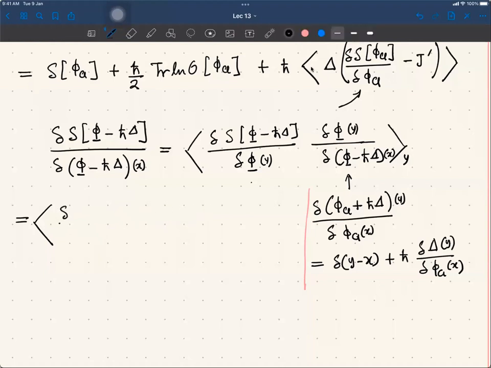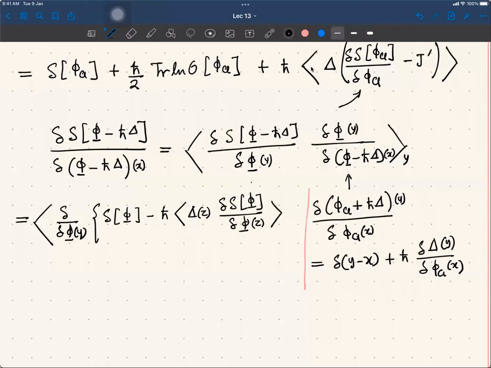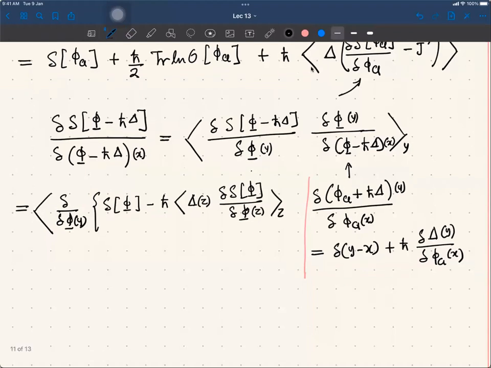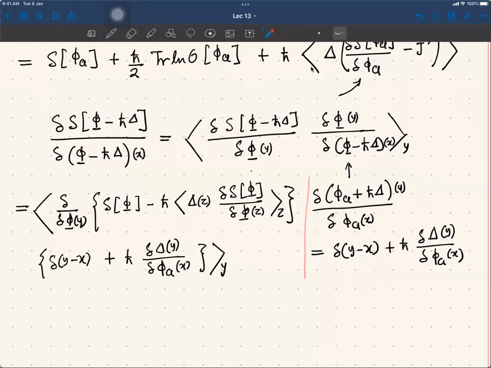So this is del over del phi lower bar of Y acting on the Taylor expansion of the numerator, which is S of phi lower bar minus h bar delta Z, times del S over del phi lower bar of Z, integrated over Z. This is what it is, multiplied by the second factor, which is delta of Y minus X plus h bar del delta of Y over del phi CL of X, and integration over Y, which is this integration.